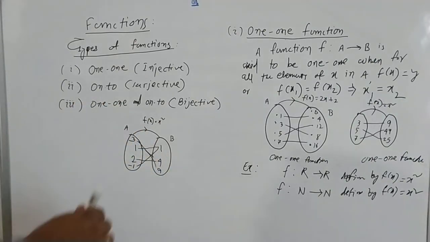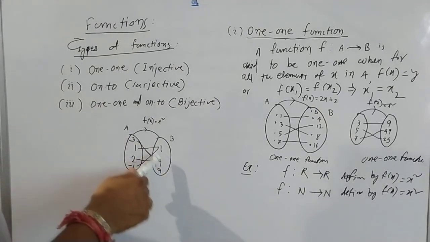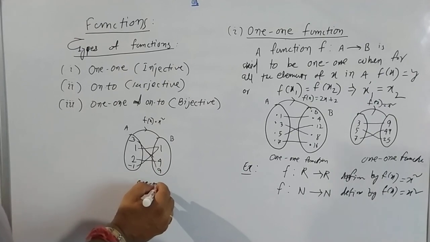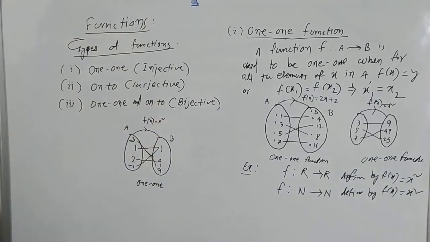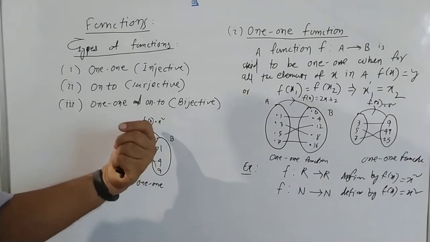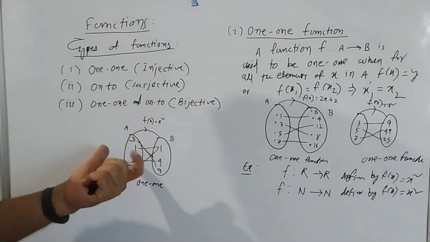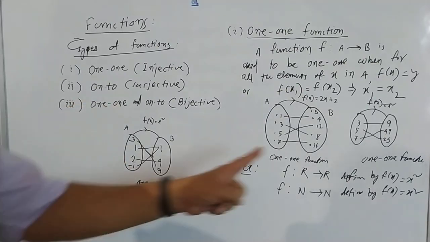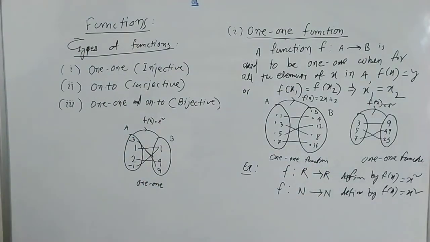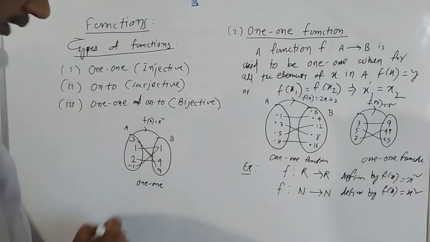Okay, so this is a one-one relation, and it's a relation with a definition, with the rule f of x is equal to x square. So this is an example of a function from the real number set to real numbers. Now let us check for natural numbers whether it is one-one or not.